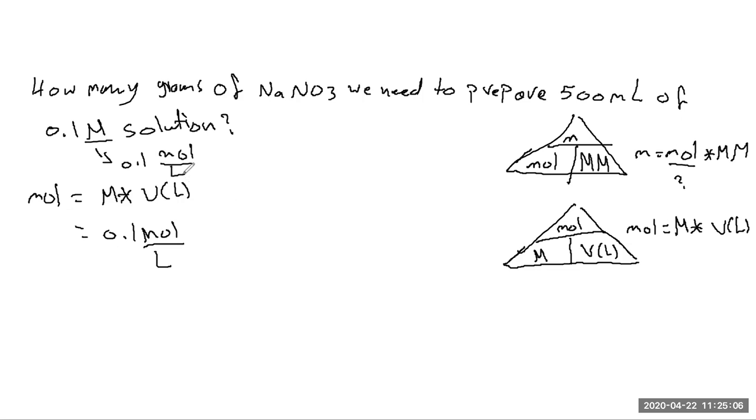The molar is mole divided by liter. Times the volume in liter, they give it to you 500 milliliter, so it will be 0.5 liter. Cancel liter with liter. 0.1 times 0.5, so it will be 0.05.